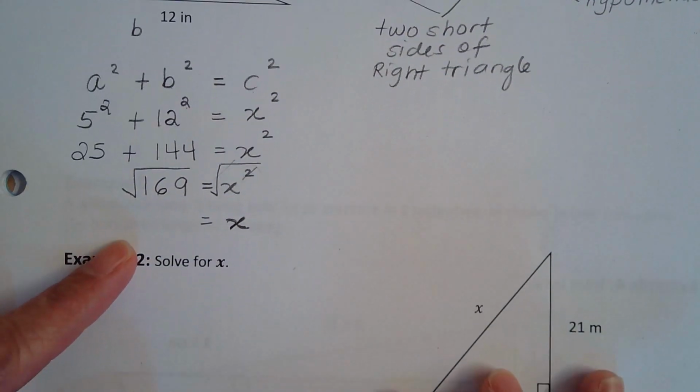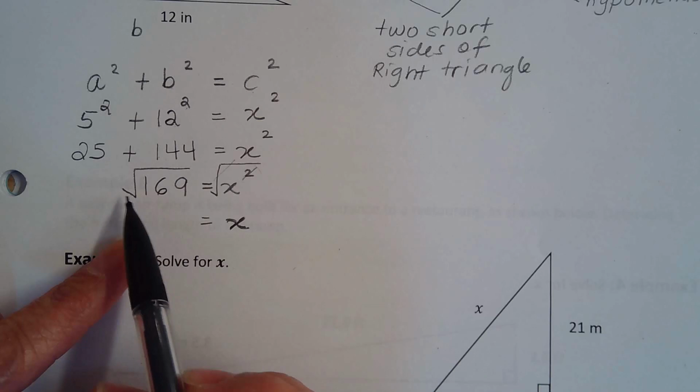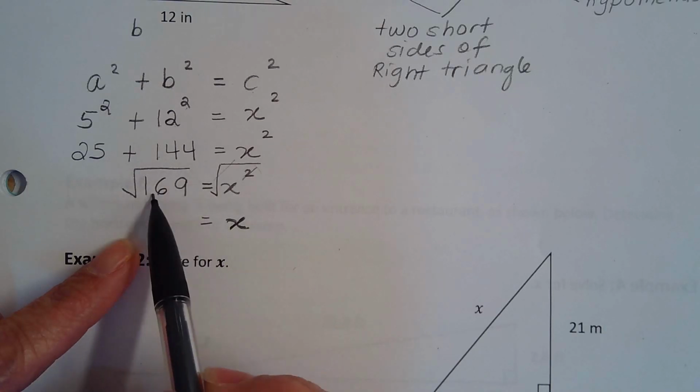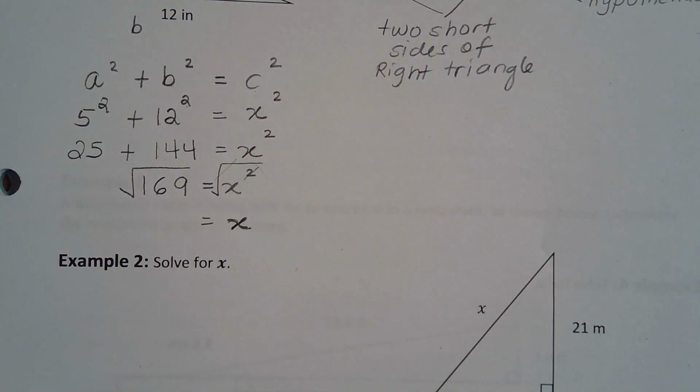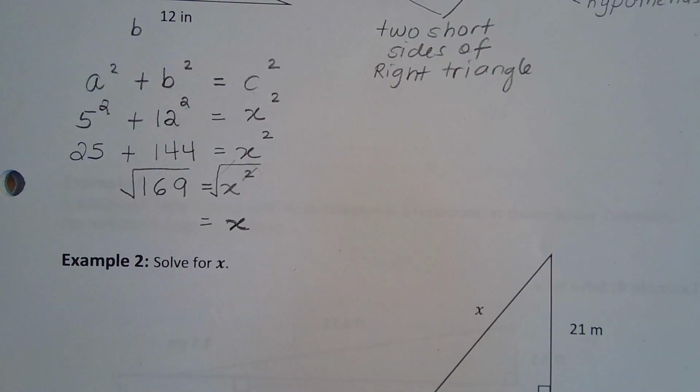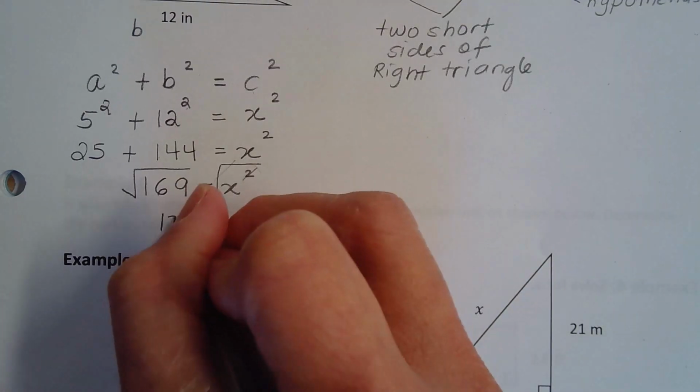Now we're going to use our calculator. It says, what is the square root of 169? So let's give it a try. It's probably been a while since we used a square root button. 13? 13, okay.